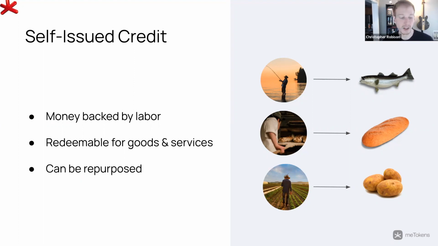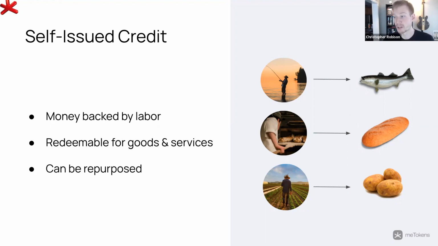The reason being is all goods that we see in production today, all services that we purchase, are rooted first in an individual or a group of individuals using their labor to create that good or service. And so he figured the most economically sustainable way to design an economy is for all individuals to create their own personal self-issued credit backed by their own labor.